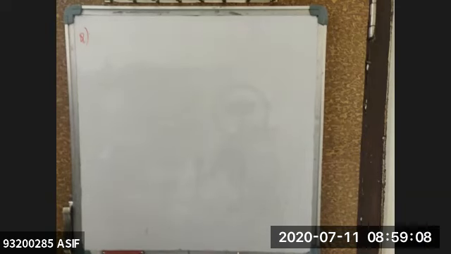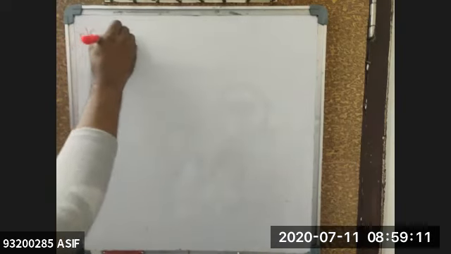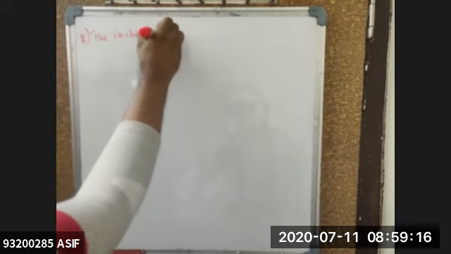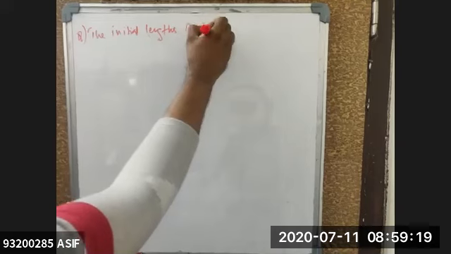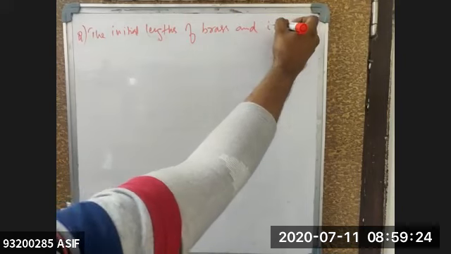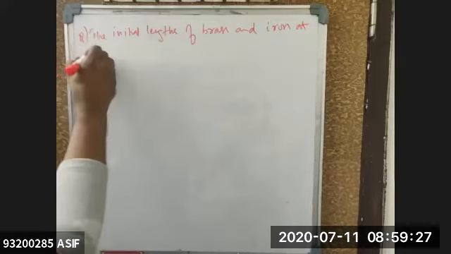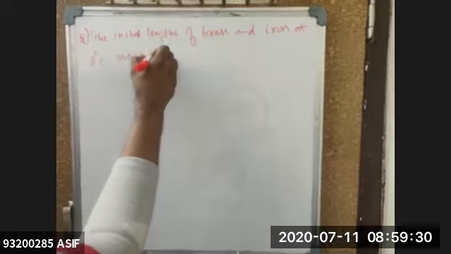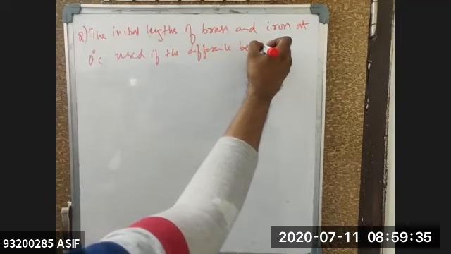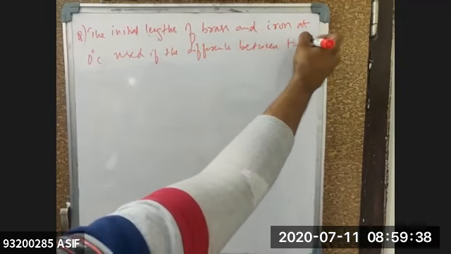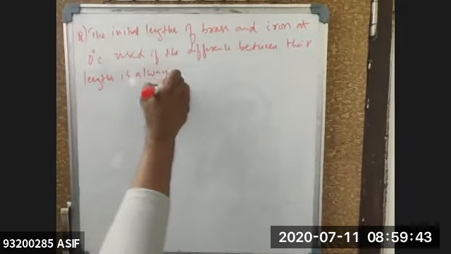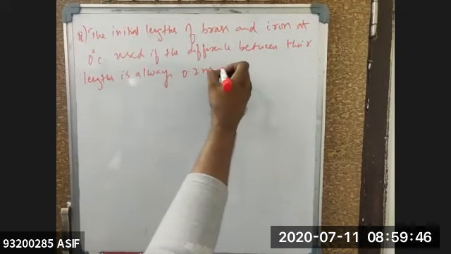The initial lengths of brass and iron at 0 degree centigrade are such that the difference between their lengths is always 0.2 meter.